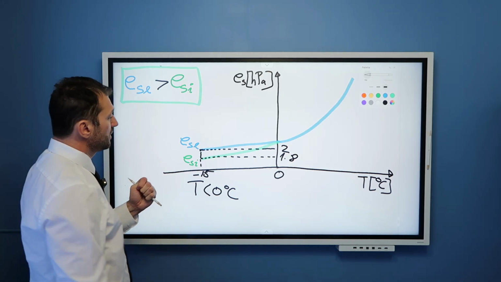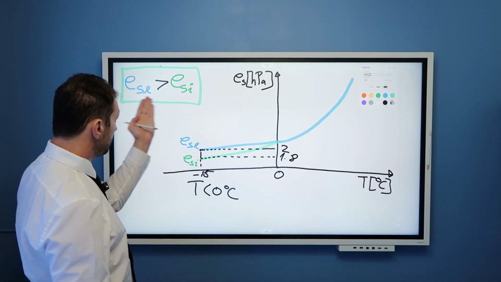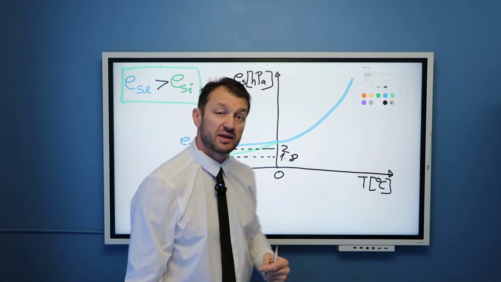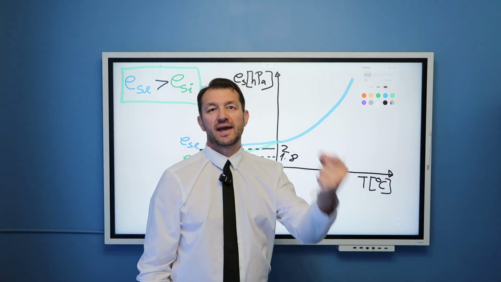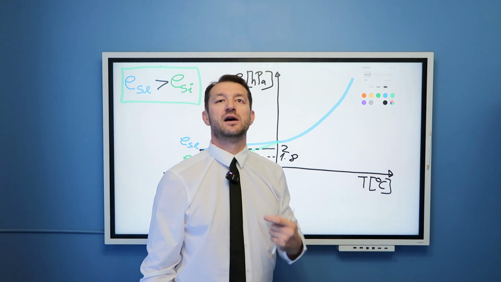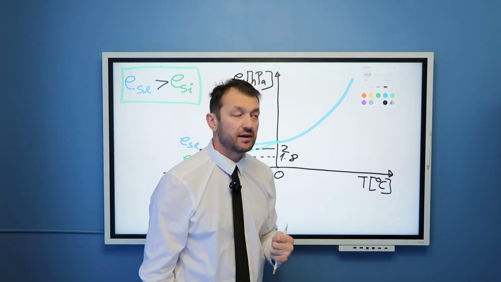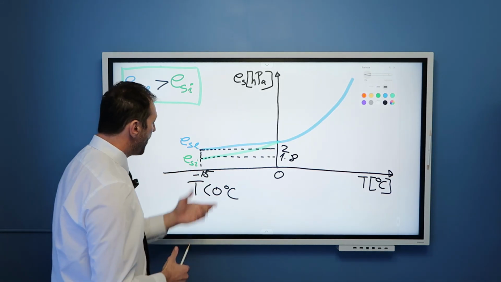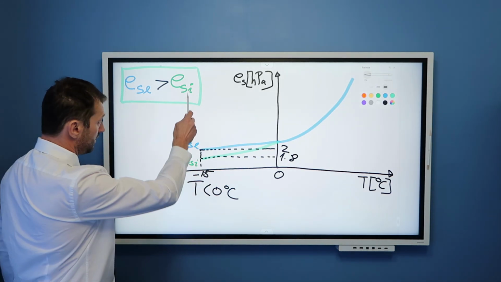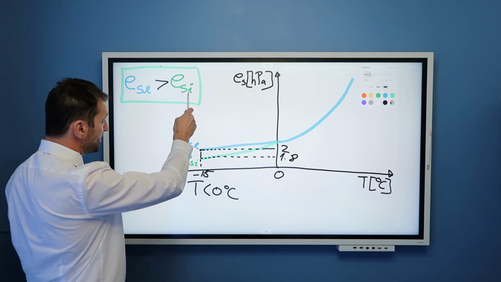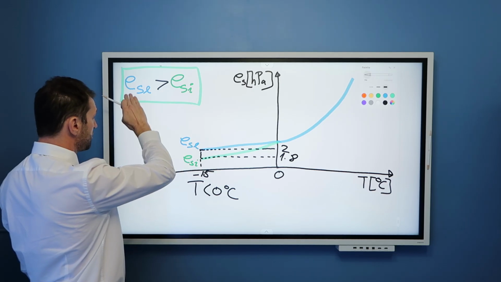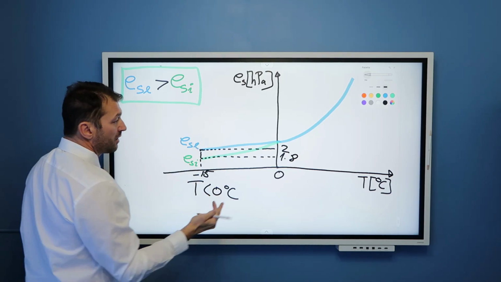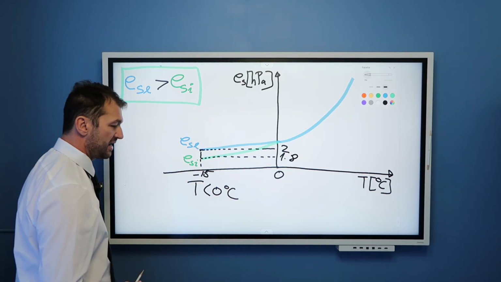It is also important to note that the difference is very small between these saturation pressures, but nevertheless very important. And the third and last thing is what many of you are probably now saying: why are these different? Why is it that the saturation pressure over ice is smaller than the saturation pressure over liquid? Why is it not the other way around? Or why is it that they are not exactly the same?